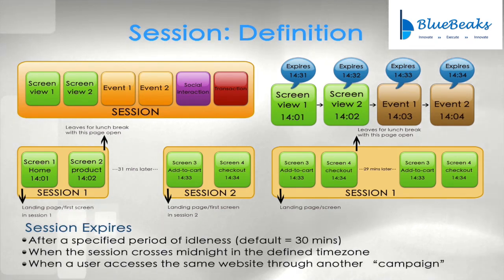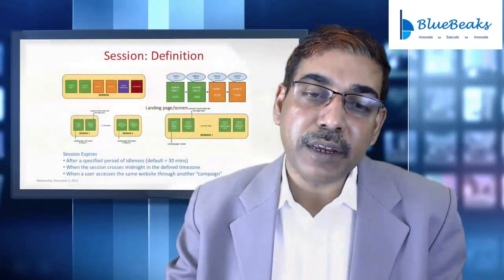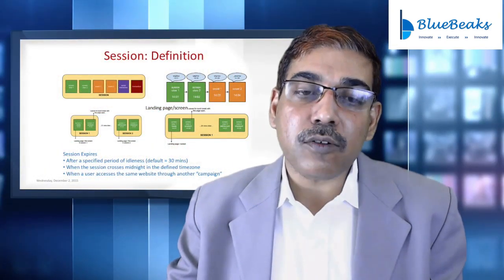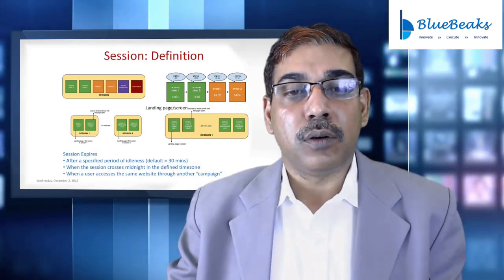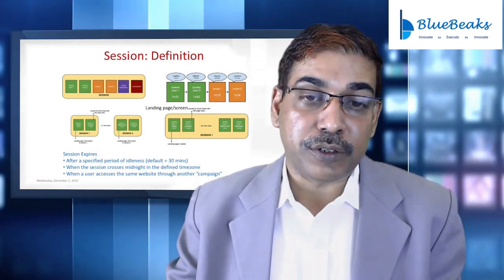Then probably she may do a social interaction, for example share the video on Facebook or any social media site, and finally she may do a transaction, for example buy something on the website if it's an e-commerce website, or probably fill up a form if it is for example an education website. Okay. So this set of activities all constitute one session.